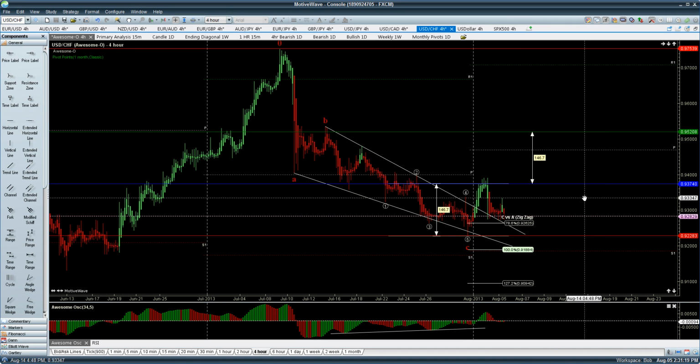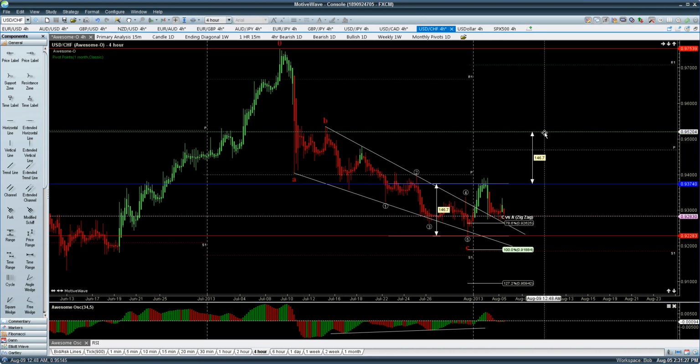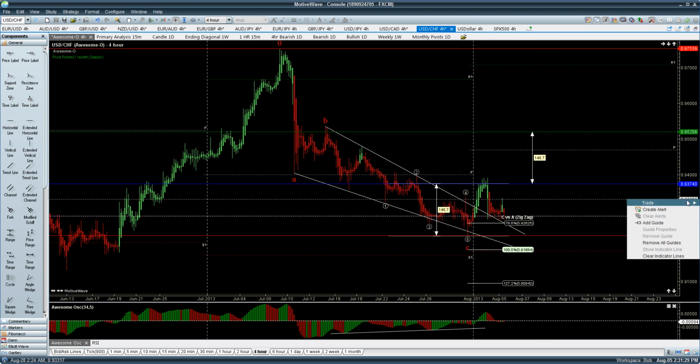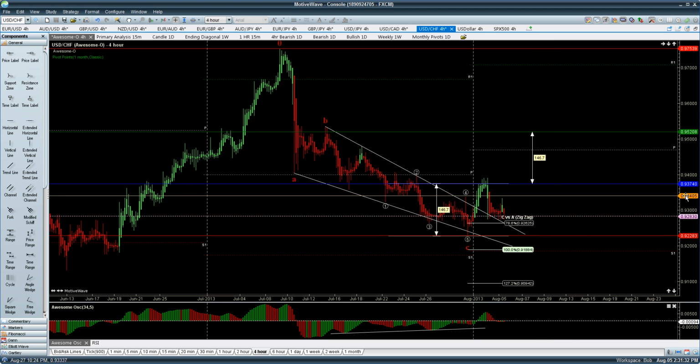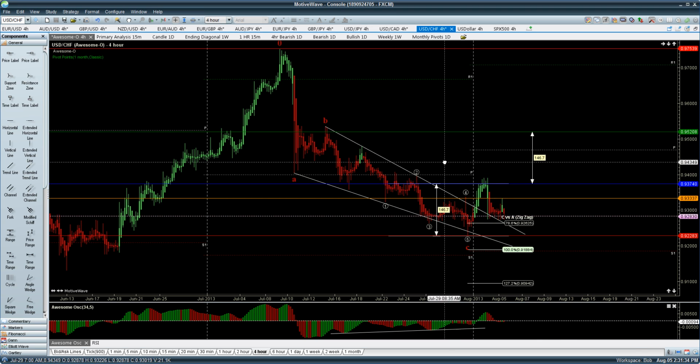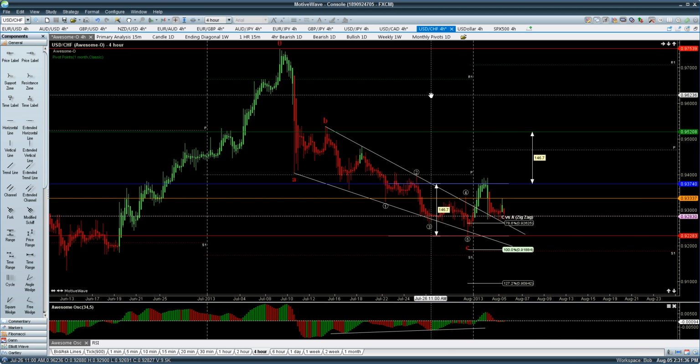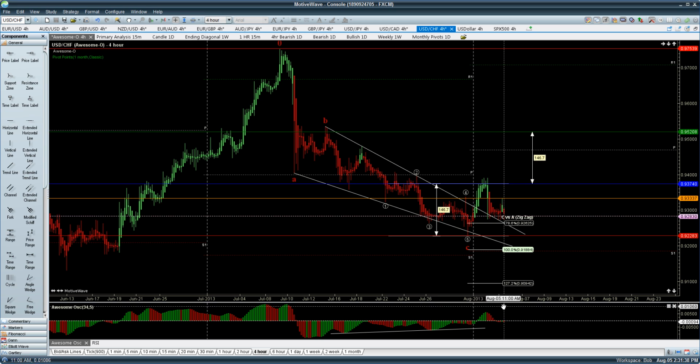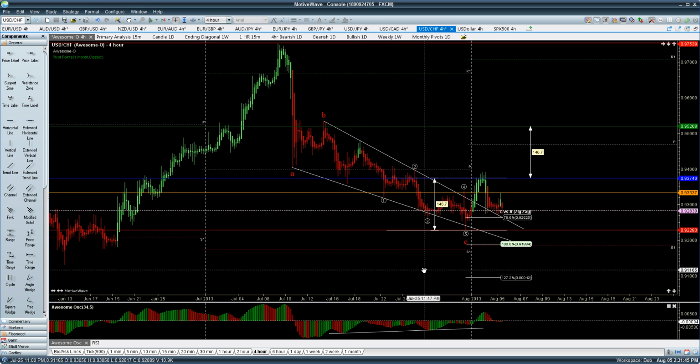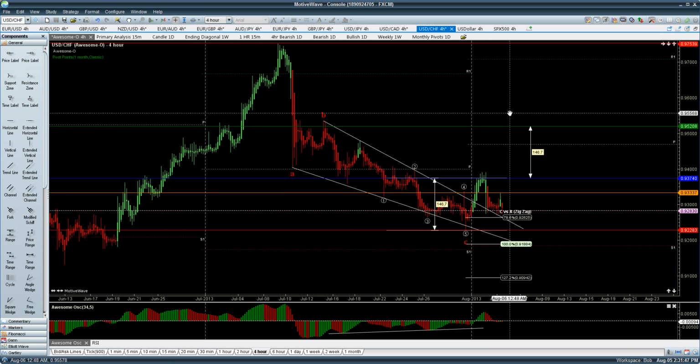I'm sorry, it was the CAD I got in, but I'm considering a long here above 93.40 with the same target and stops. All right. We should probably have another zero line cross. I mean, it's barely moving back and forth here, but that's what I'm looking at for now.